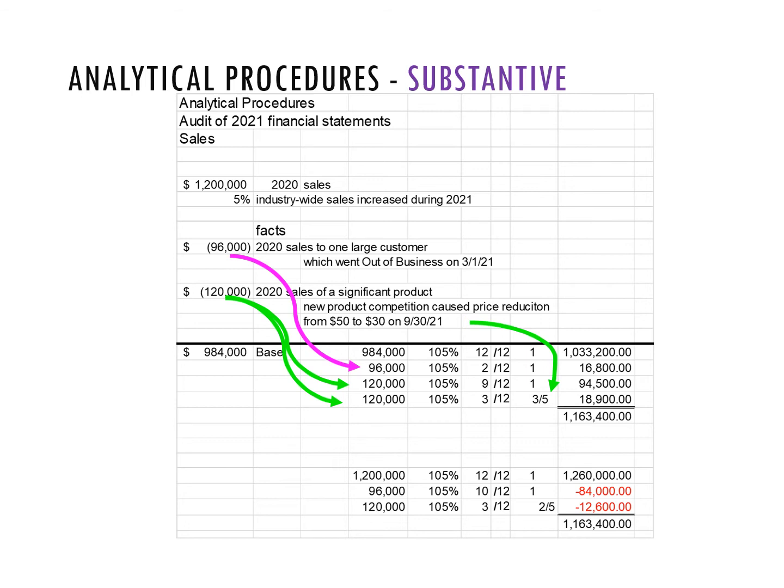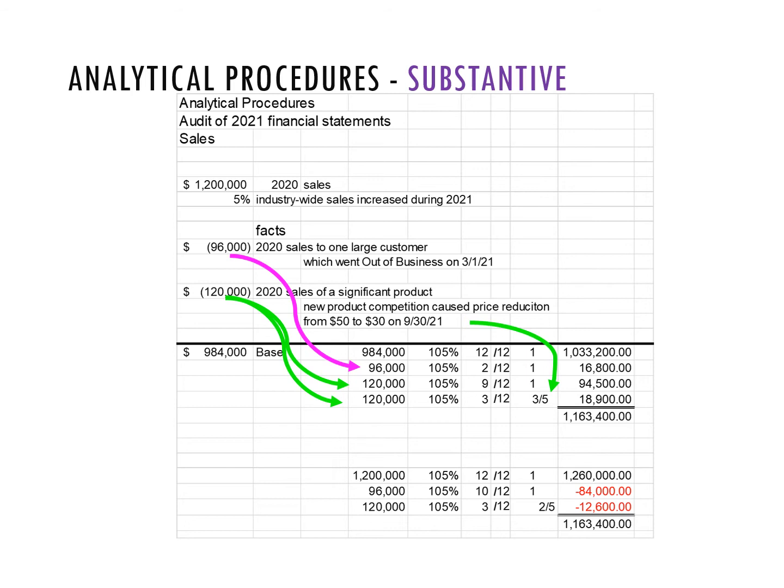But when doing substantive analytical procedures, we look for more details and say, oh gosh, one of their largest customers went out of business in March, and on one of their major products, a competitor introduced a product in September, which forced them to reduce the price of one of their largest products. So I'm going to adjust for those in substantive procedures.